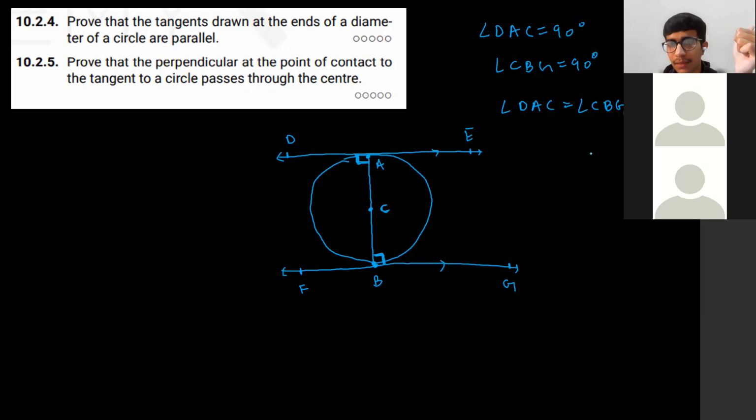Since these two angles are equal, they are also making a pair of alternate interior angles.